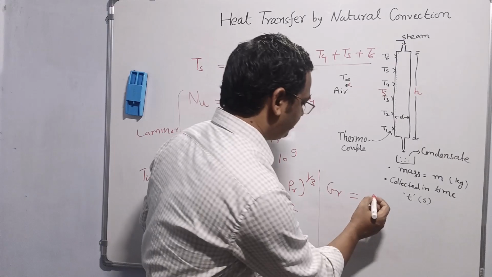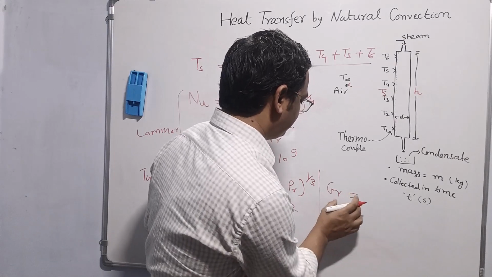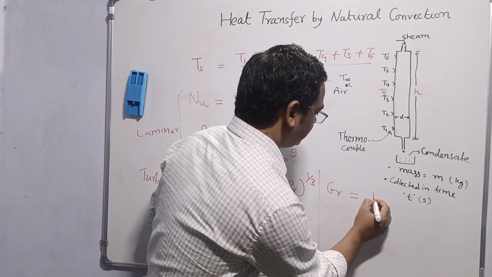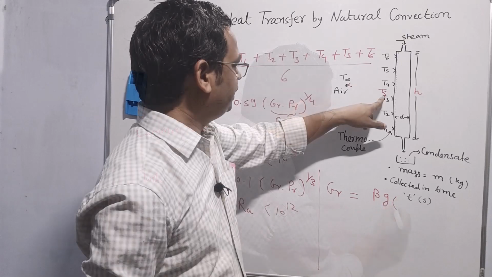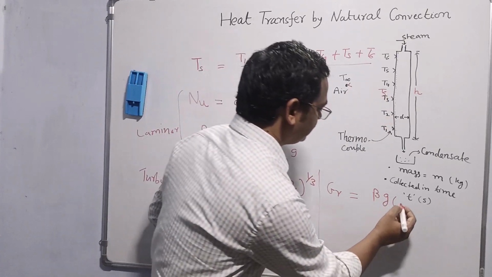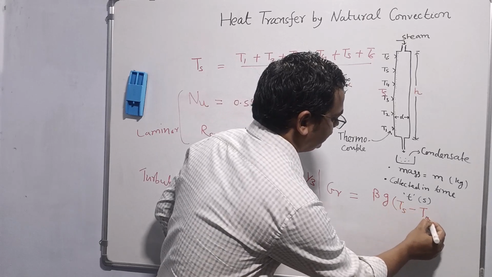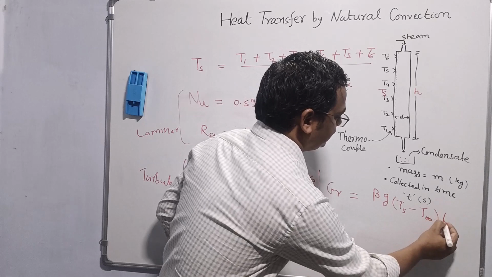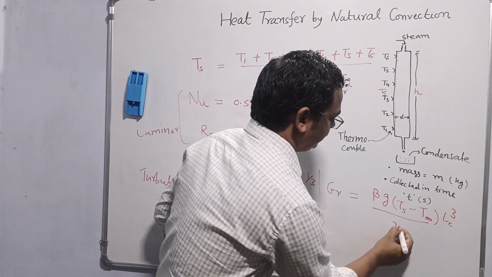So this is the ratio of buoyancy force to the viscous force, and I'll write the formula of this: beta g delta T, where delta T means the temperature difference between surface and surrounding, Ts minus T infinity, times Lc cubed, divided by nu squared.